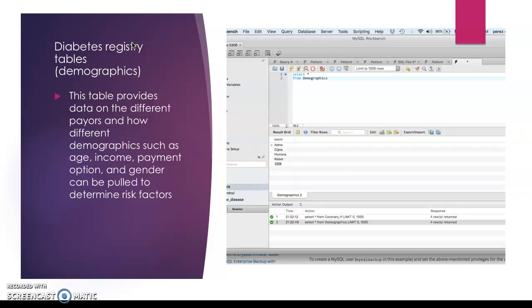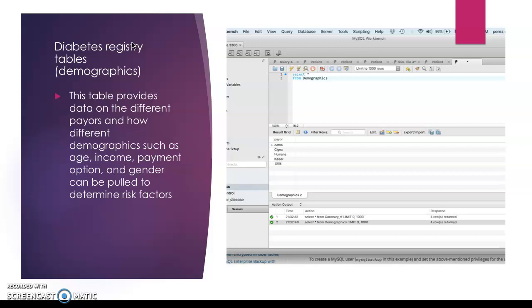So, the second table is the demographics. This table provides data on the different payers and how different demographics such as age, income, payment options, and gender can be pulled to determine some risk factors.